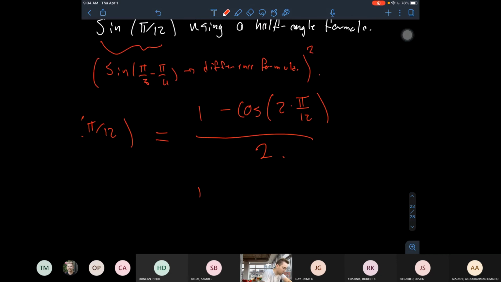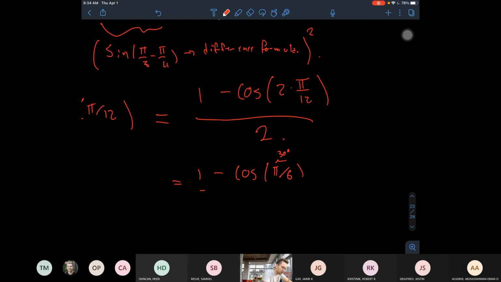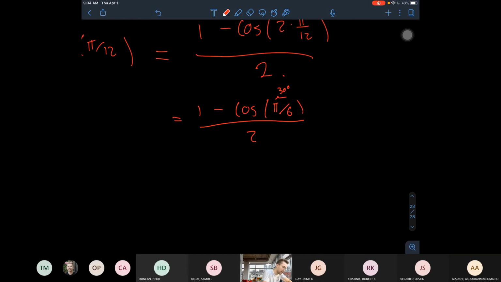Well, this becomes 1 minus cosine of pi over 6, which, remember, this is 30 degrees, over 2. And then cosine of 30 degrees is root 3 over 2.